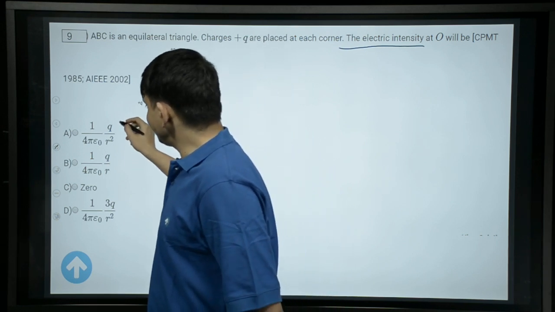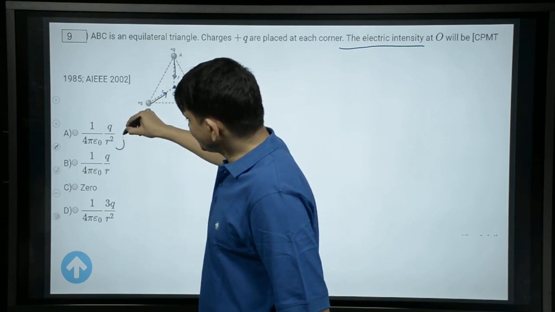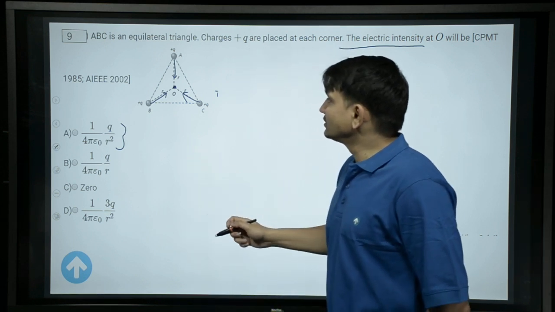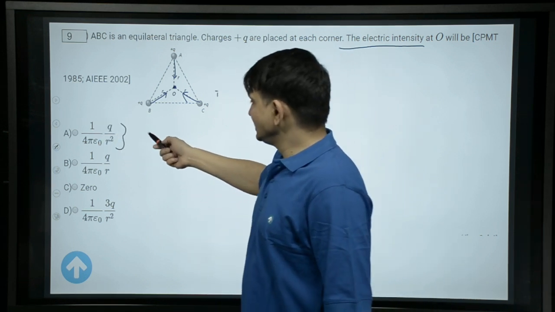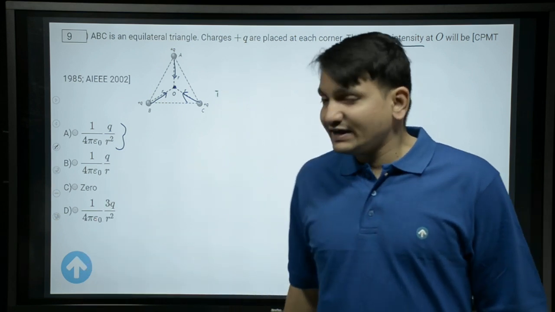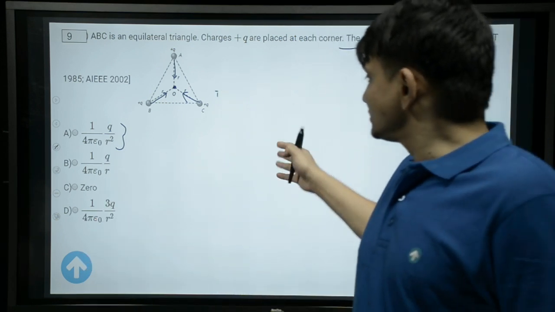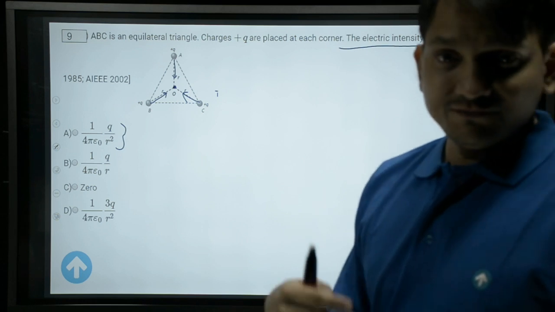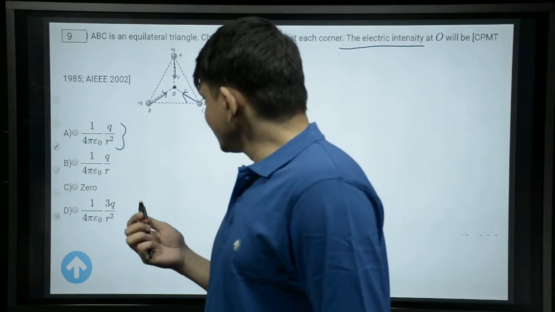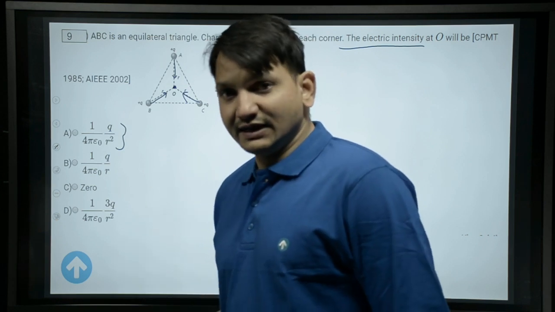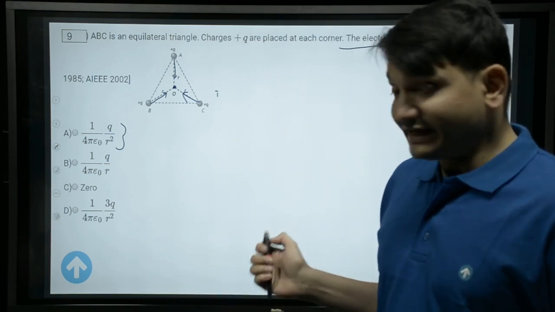See, one thing is purely not possible, because this is simply by one charge, but you can simply figure out the possibilities here. If you try some geometrical analysis, you can solve it very easily.